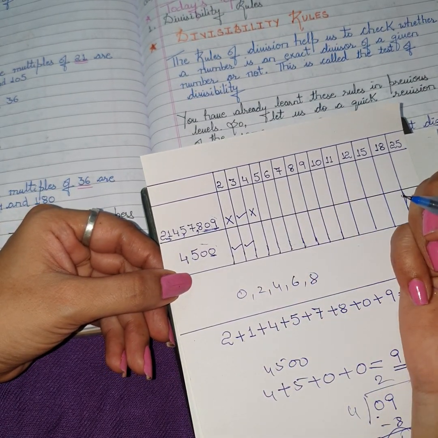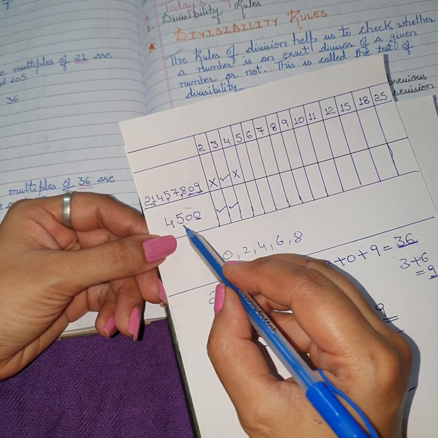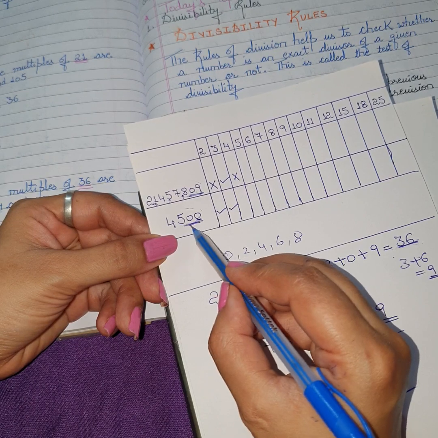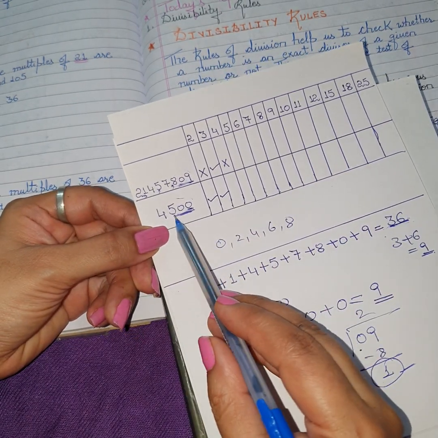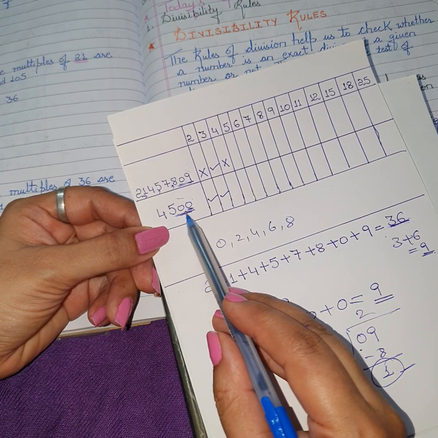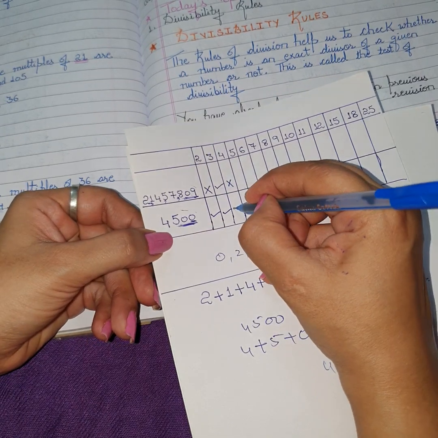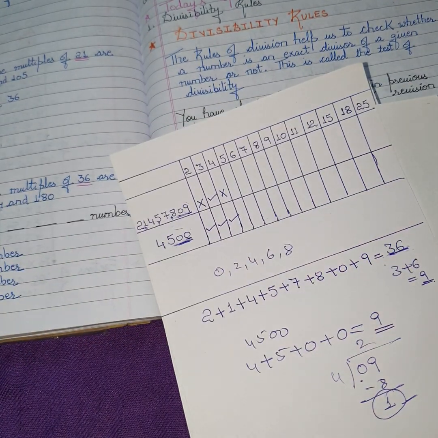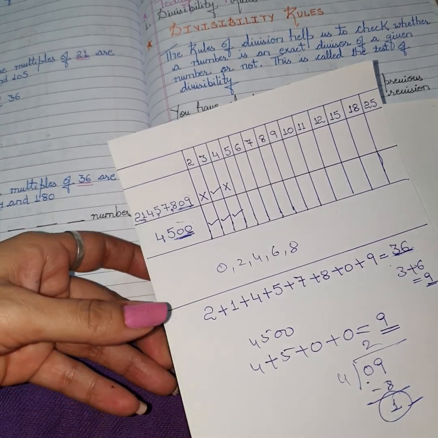Then we will check the second example. I have told you there should be 00 in the place of the last 2 digits. You can see in the second example there are 00, so this number is directly divisible by 4. No need to do division. Directly see 2 zeros, and yes, it is divisible by 4.